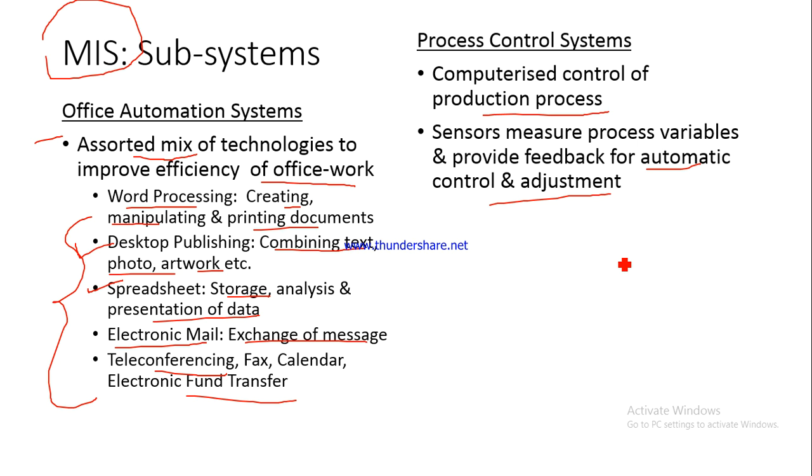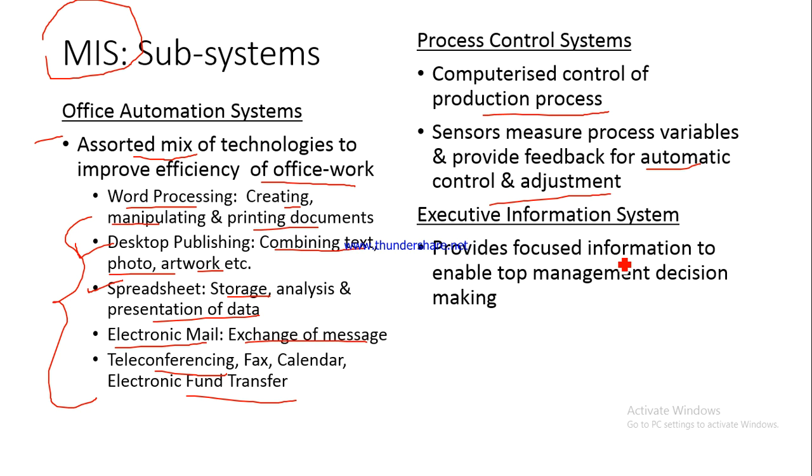On the other hand, if the sensor sensed the temperature to have gone beyond 105 degrees centigrade, the signal would be sent to the computer, and the computerized control would come into play, and the temperature would be reduced so that it can fall to 100 degrees centigrade, right? So this is how the process control systems work, and they again are part of the management information systems.